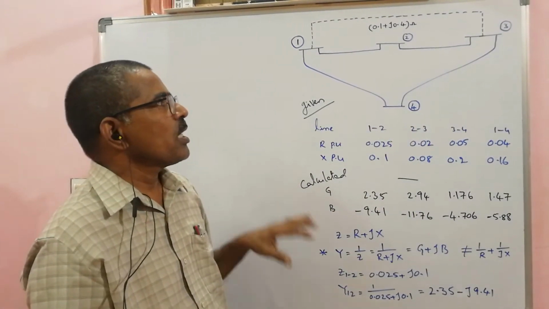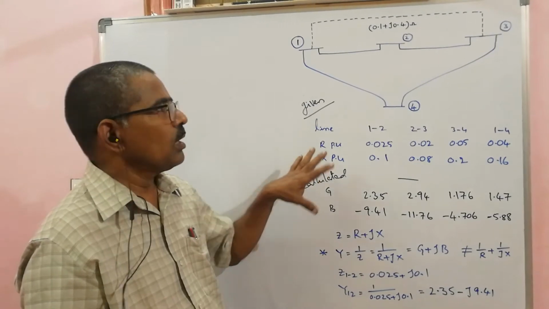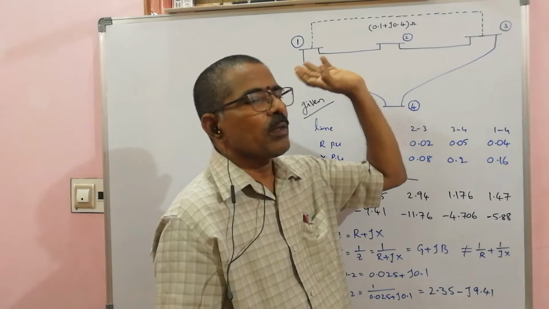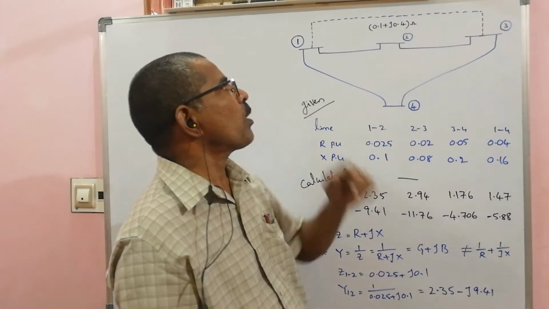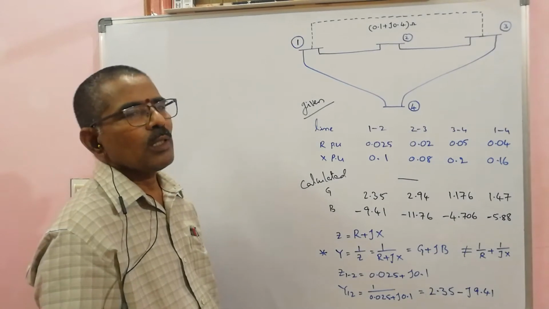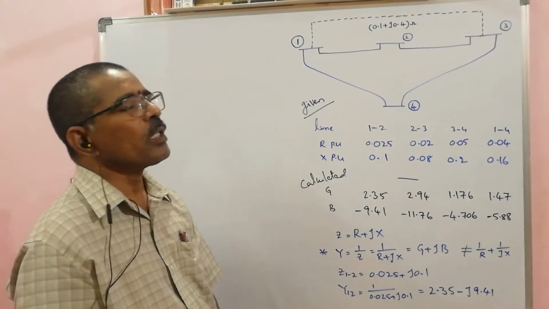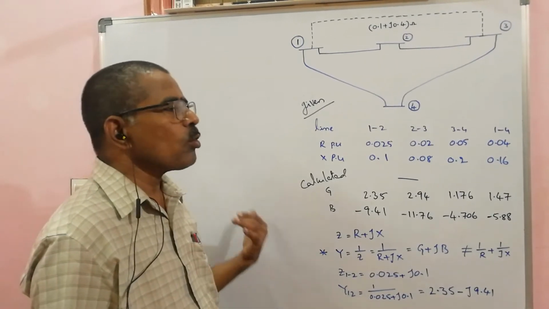The second part asks you to modify that Y bus when an additional line between bus 1 and bus 3 is added, having an impedance of 0.1 plus j 0.4. That means a line of 0.1 plus j 0.4 is added between buses 1 and 3. What are the modifications and how do you modify?